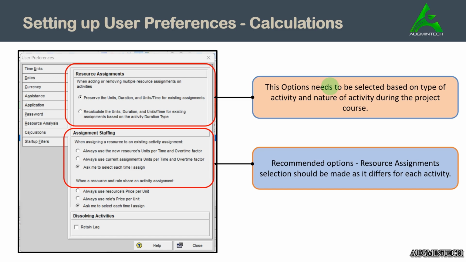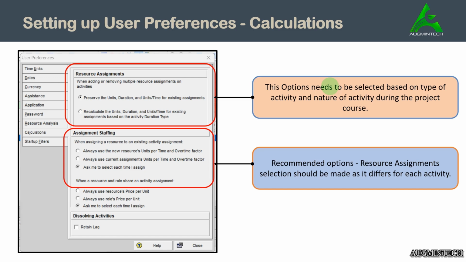Let's say plumbing is an activity and drilling is an activity. There are two resources in plumbing: you need the plumber and, let's say, a drilling resource also. But in the drilling activity, you just need a driller and that's all. So in the plumbing activity, when you need two resources, the tool should ask what the preferences are, what the units per time are, and the other details for the two different resources.